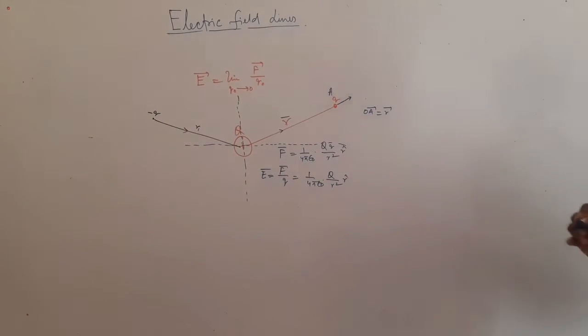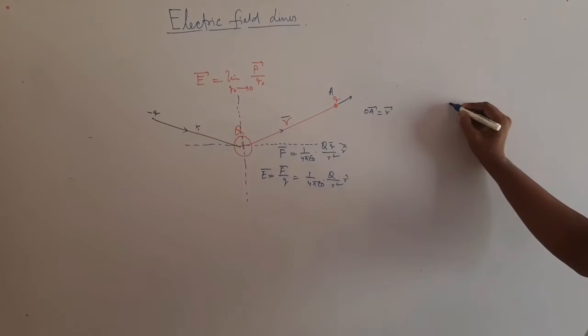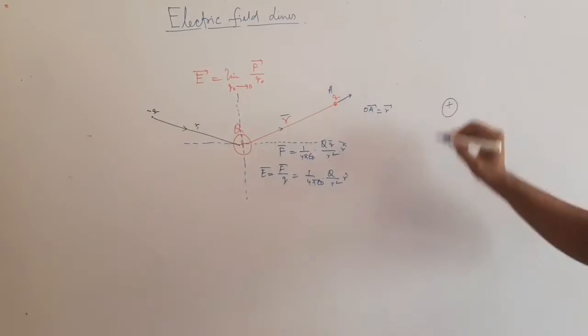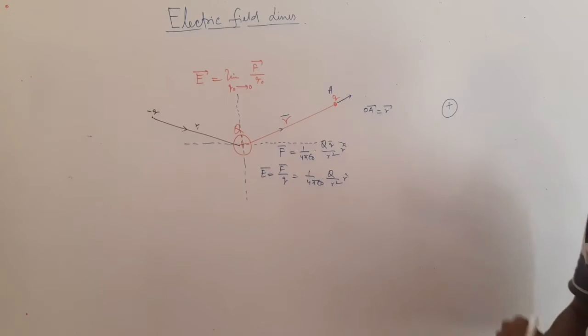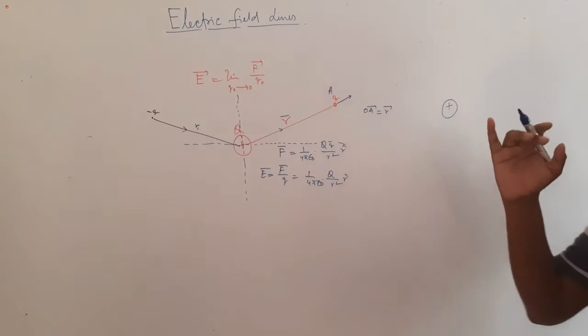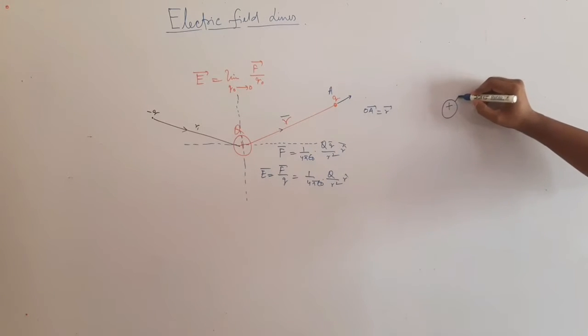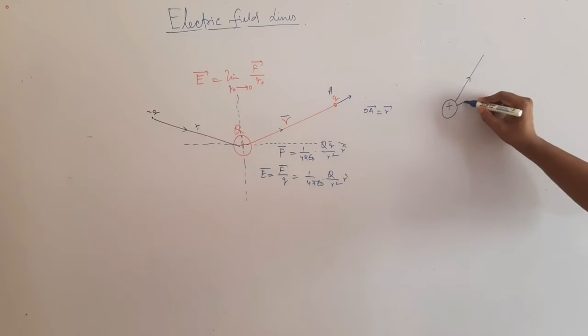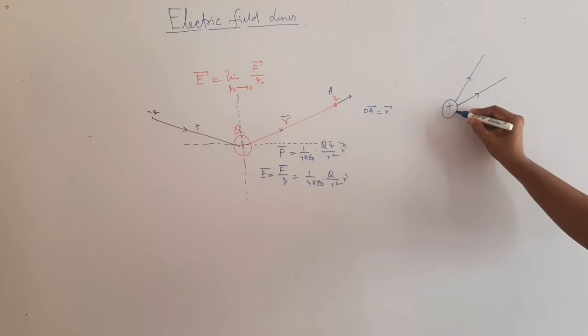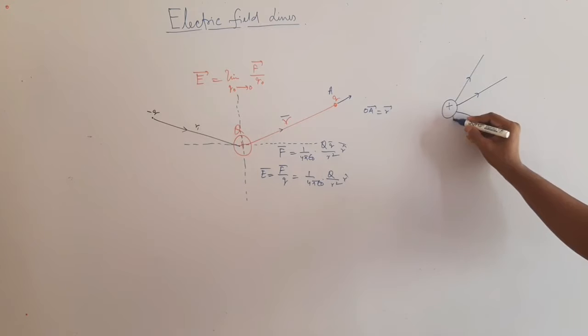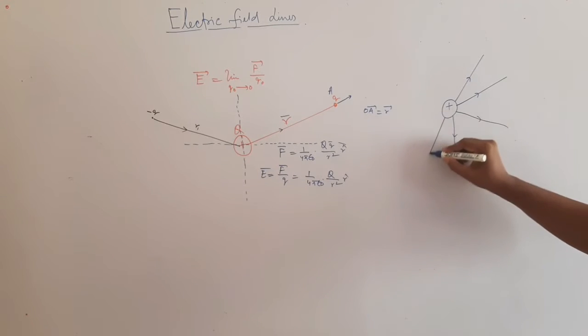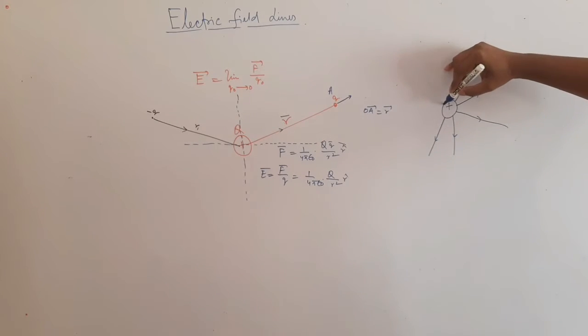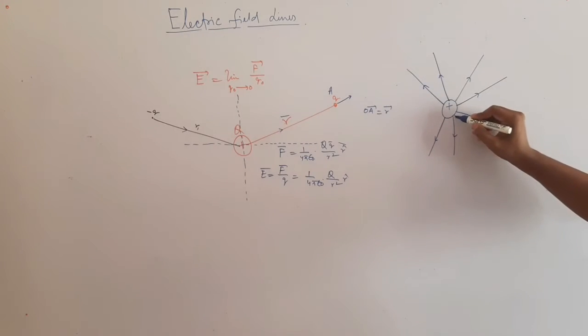If you have a positive charge, you can assume that the electric field lines are emanating from it and spreading outward, just like light spreads out of a glowing lamp in all possible directions.